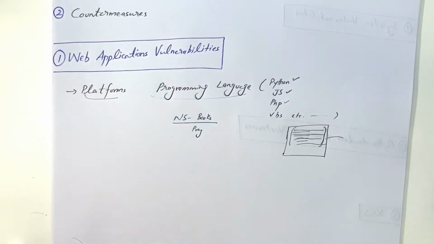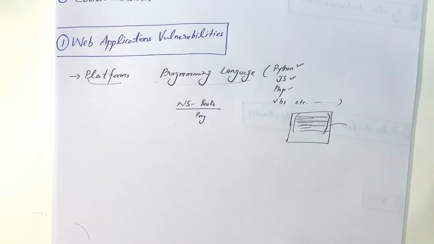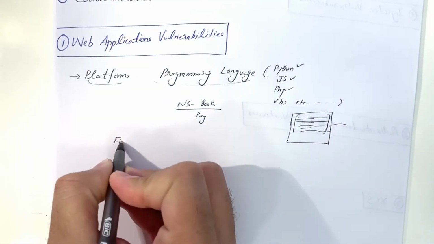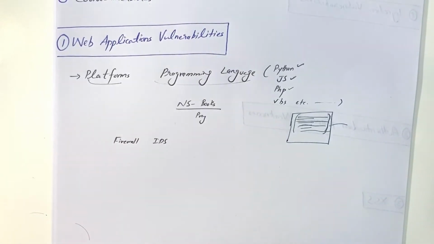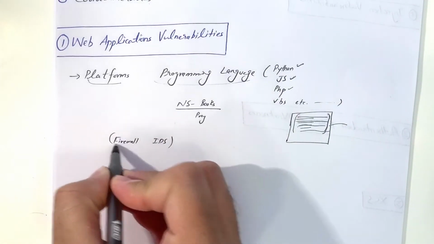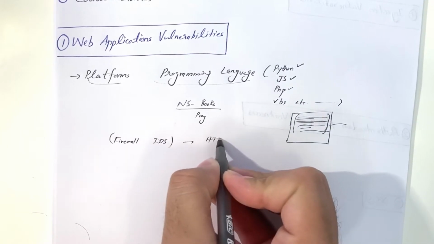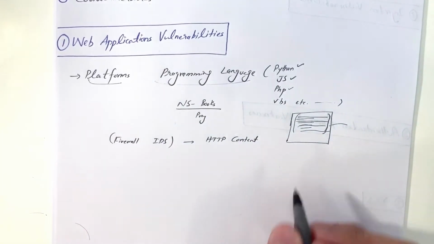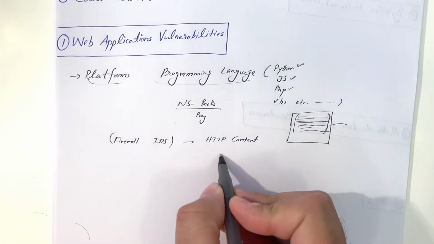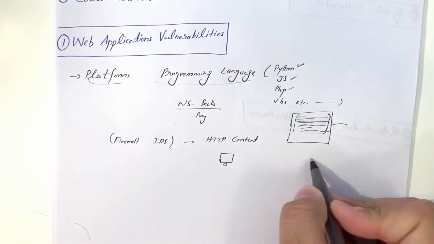Now, the problem is if you use network security devices, for example, a firewall or intrusion detection system and stuff like that, these devices completely ignore HTTP content, like the requests or communication going on between the client browser and the web server.